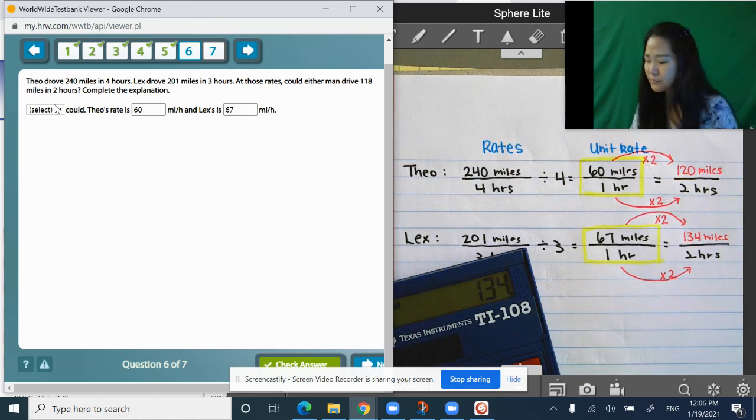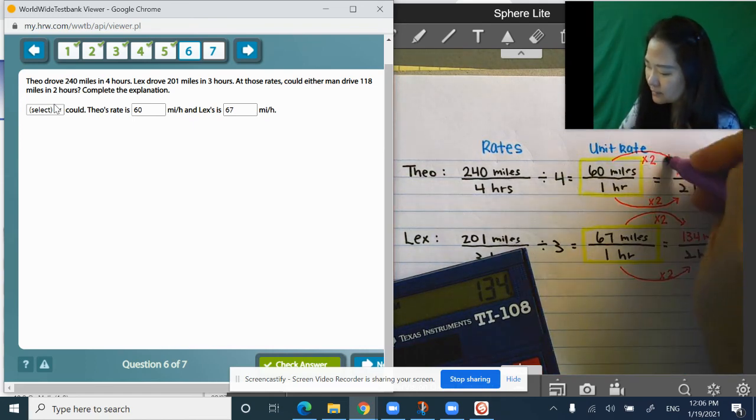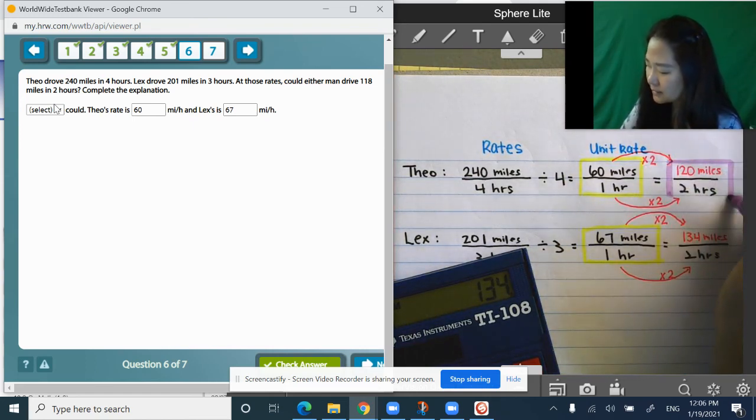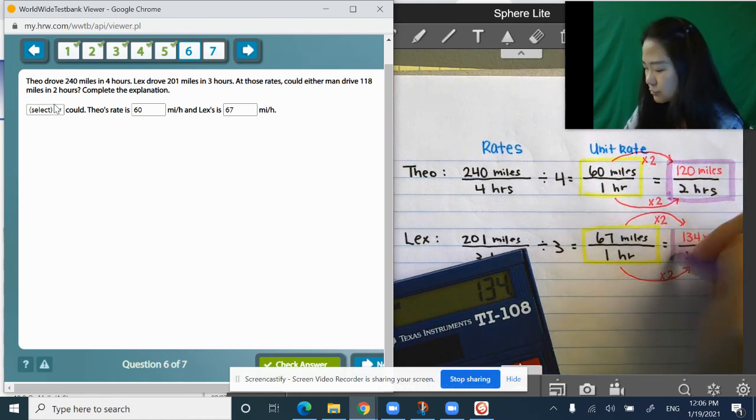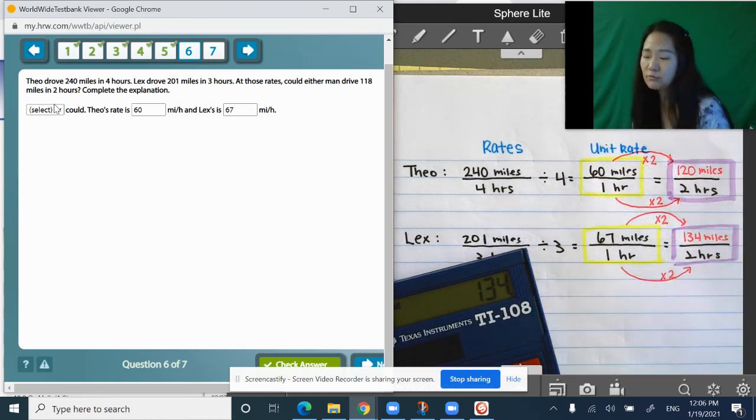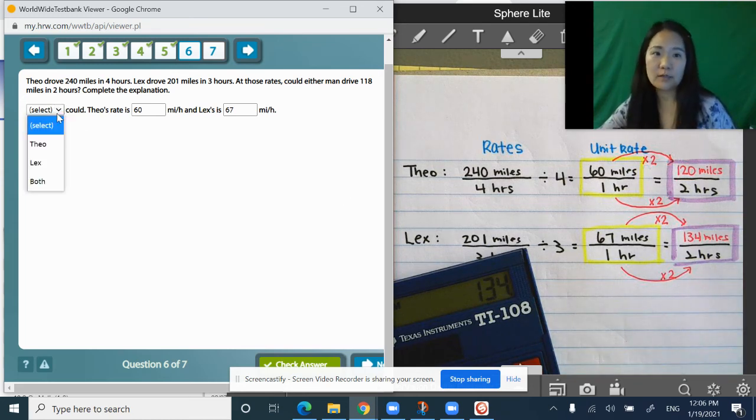So at this rate, Theo would drive 120 miles in 2 hours. Lex will drive 134 miles in 2 hours, which is, could either man drive 180 miles in 2 hours? They both could. 120 and 134. So both could. And then here are the unit rates.